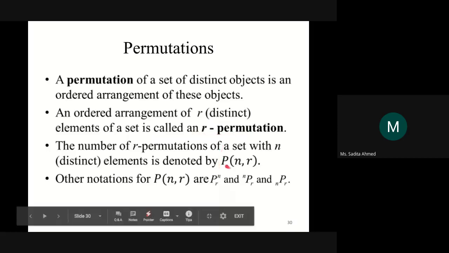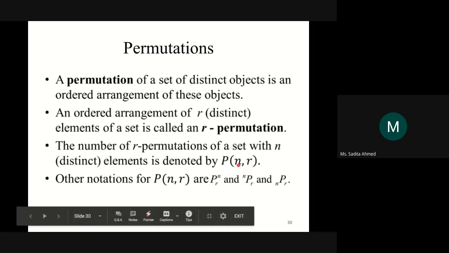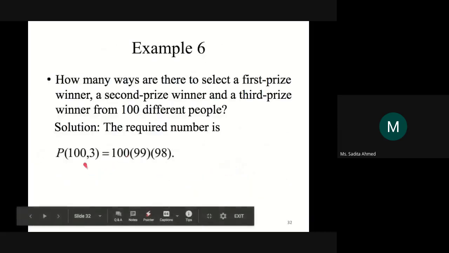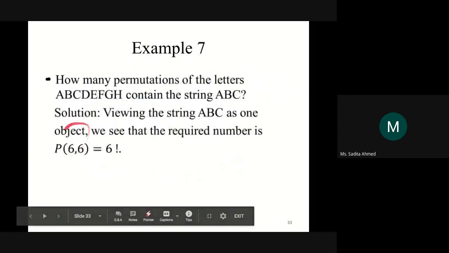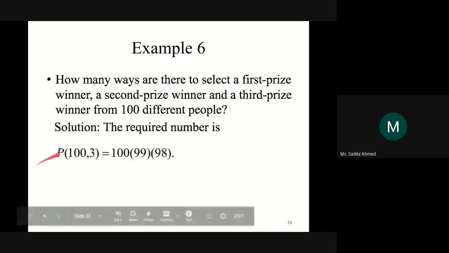When we are doing PNR, we are counting the total number of R-permutations from N objects. So here, P103, you're counting the total 3-permutations from 100 different objects. However, here they ask for all possible permutations. So that's why it's P66. That's just that distinction. I wanted to make sure you understand the distinction between counting all possible permutations and counting a specific number of permutations.